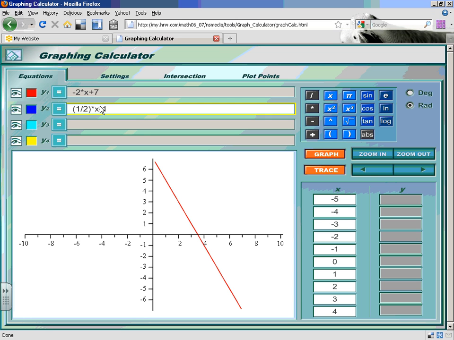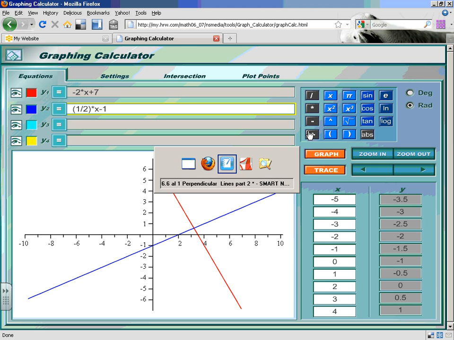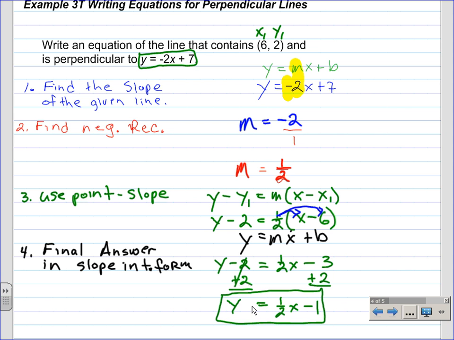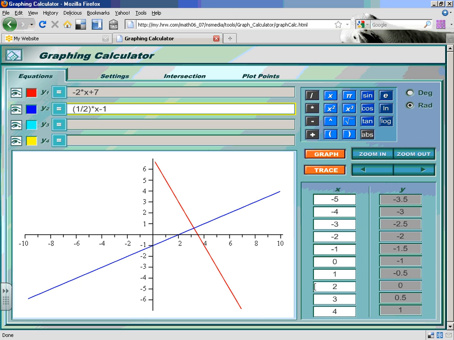So we have the equation 1/2 times x minus 1 here. When we graph that, the new line comes up, and we can see the two lines do appear to be perpendicular. The second line we graphed, y is equal to 1/2 x minus 1, needs to go through the point 6, 2. So let's see if it does go through 6, 2, if our work was good.